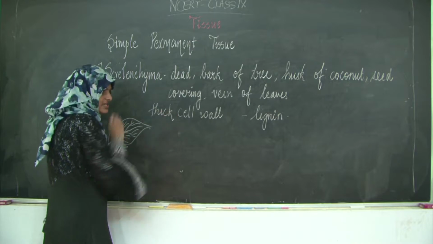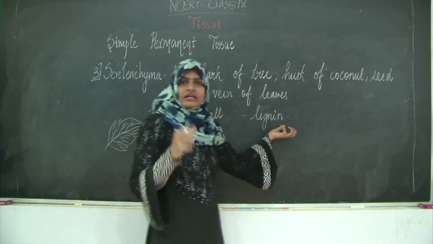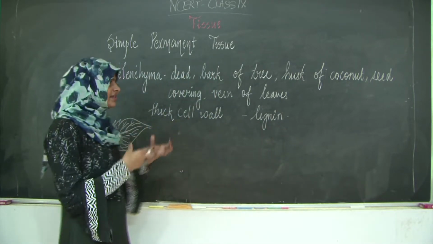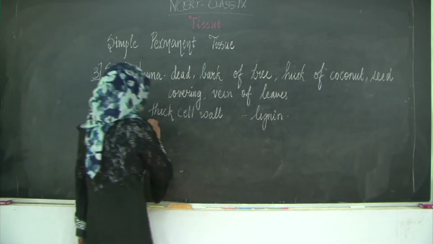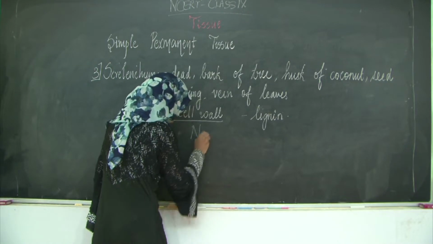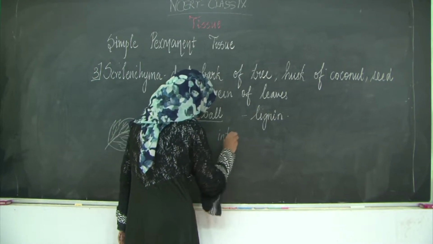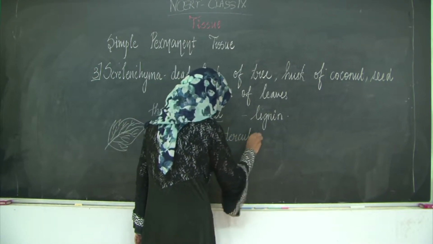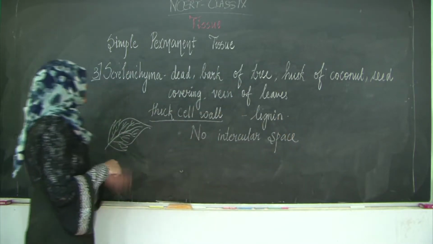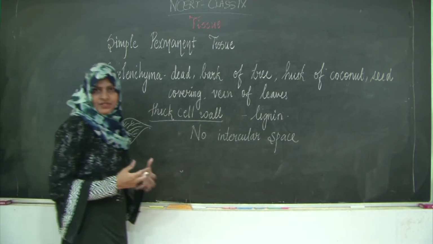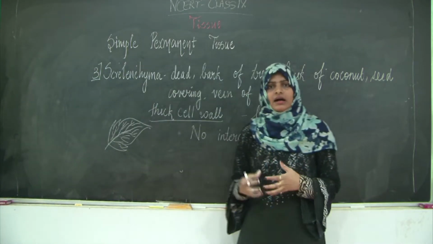It has no intercellular space. The intercellular space between the sclerenchyma tissue is absent. Therefore, it makes the thing very hard.